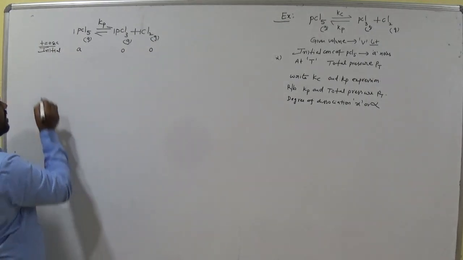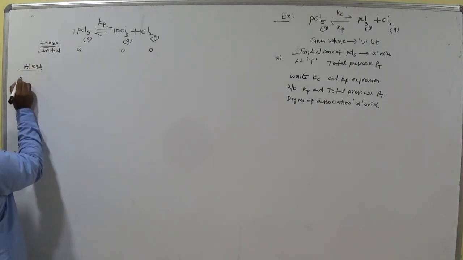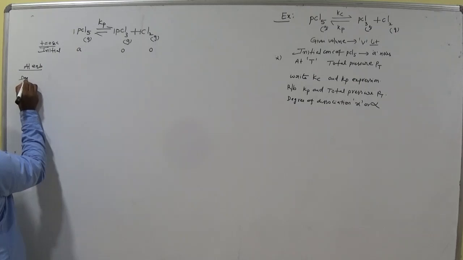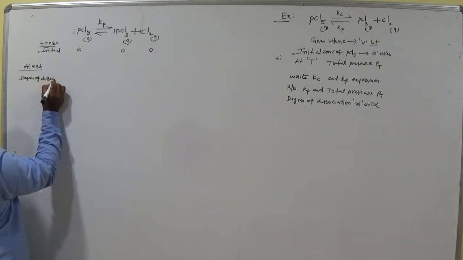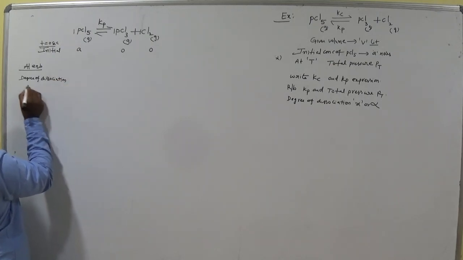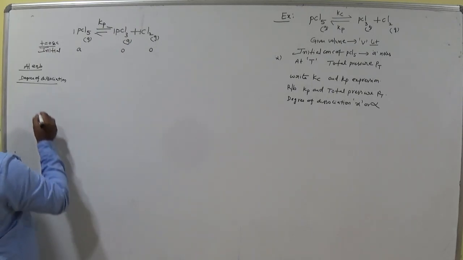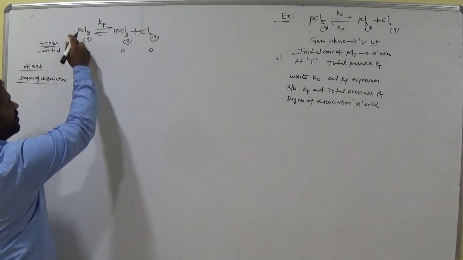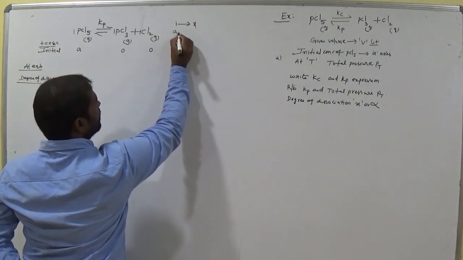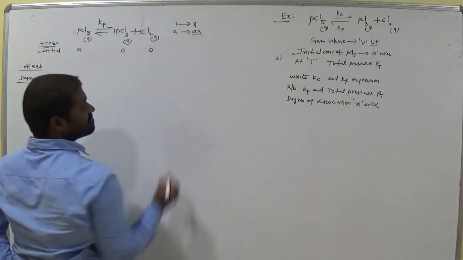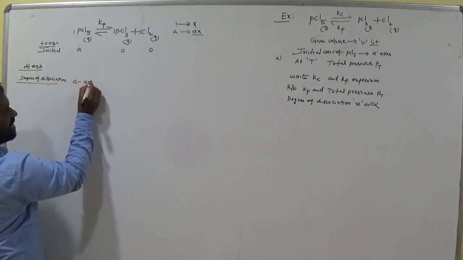Degree of dissociation at equilibrium: for 1 mole it is x. For A moles how much? For A moles the degree of dissociation becomes Ax. The remaining moles at equilibrium are A minus Ax.